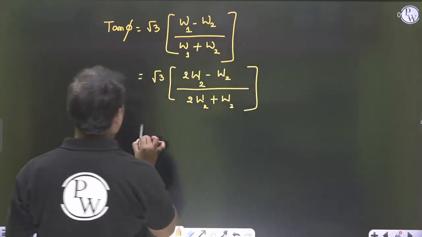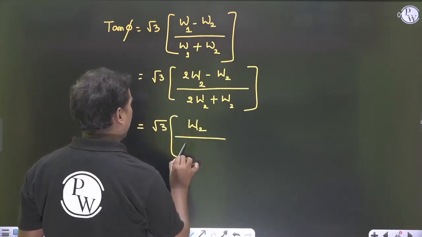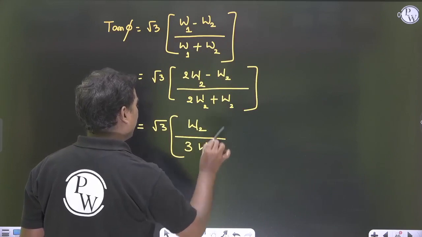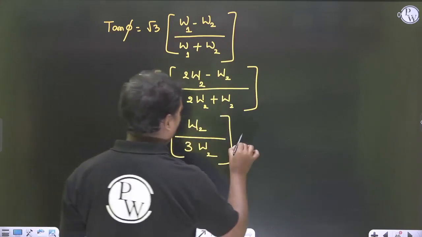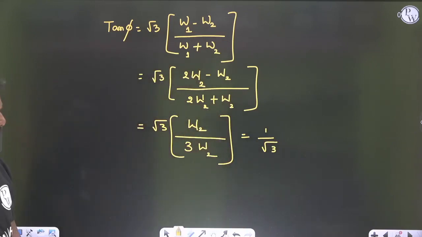This will be root 3 times W2 by 3W2, which becomes 1 by root 3.